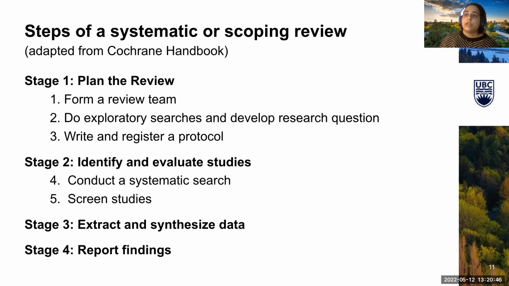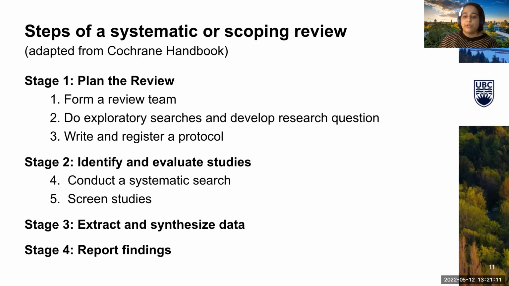You also will want to write and register a protocol. A protocol is essentially a really detailed list of what you are planning to do. It's basically a blueprint of your systematic review. It's a thorough process with the goal of eventually registering it in a protocol repository, such as Prospero, Open Science Framework, UBC Circle, which I'll talk about later as well.